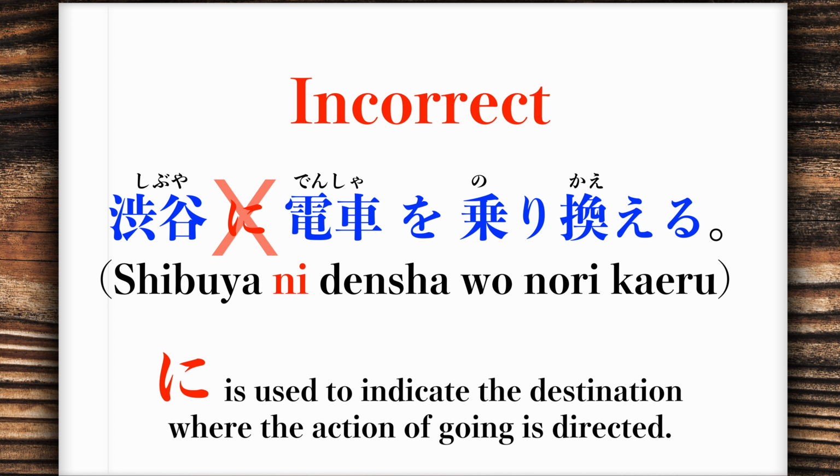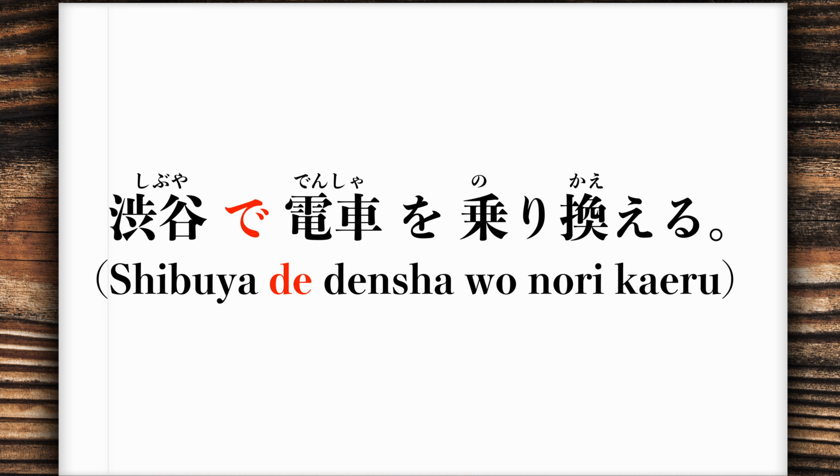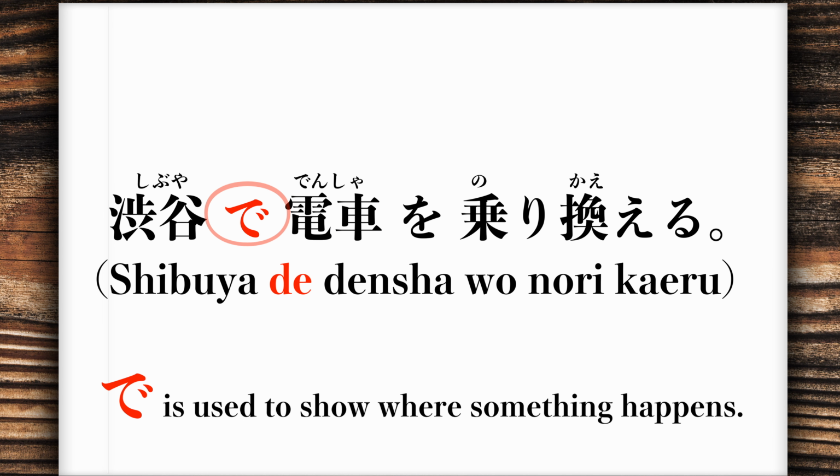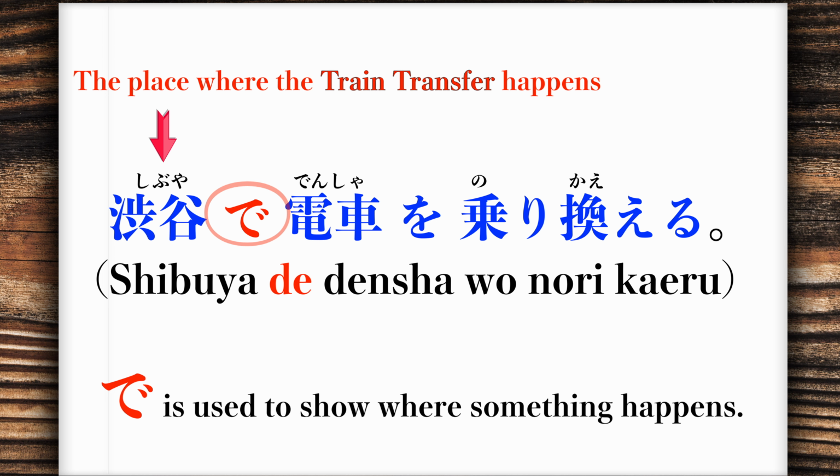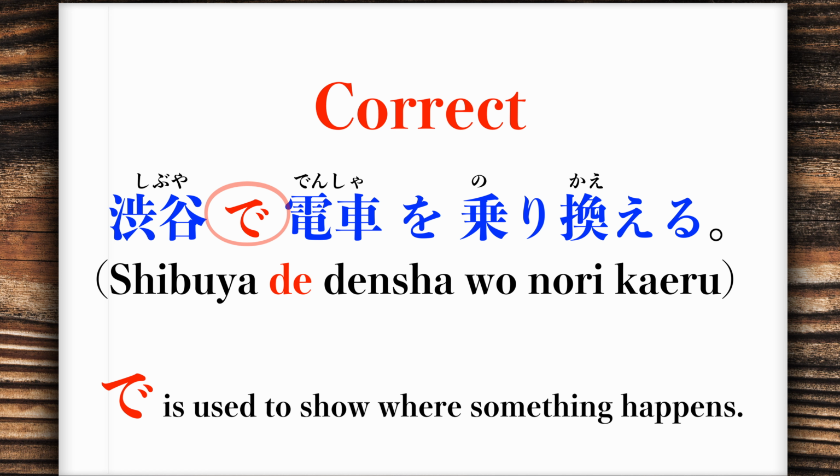This makes the usage of に incorrect. In the second sentence, で is used to indicate the location where the action of transferring occurs. It specifies that Shibuya is the place where the train transfer happens. This makes this sentence correct.